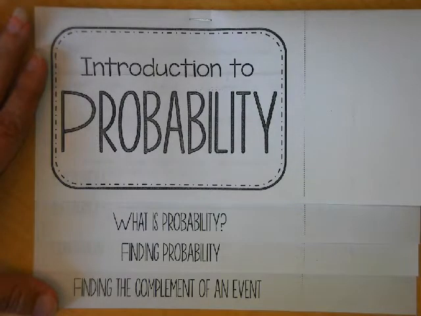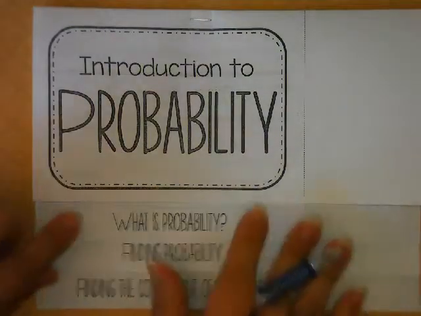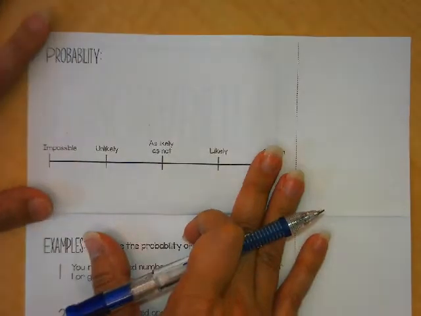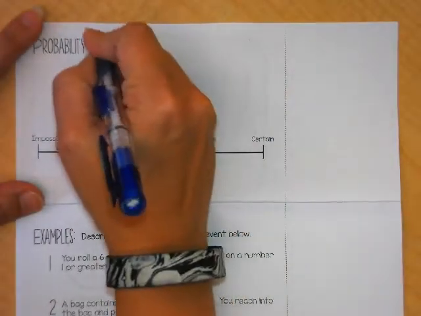Today I'm going to talk to you about probability, what it is and how we can determine it. So probability, the definition, is going to be the likelihood of something happening.